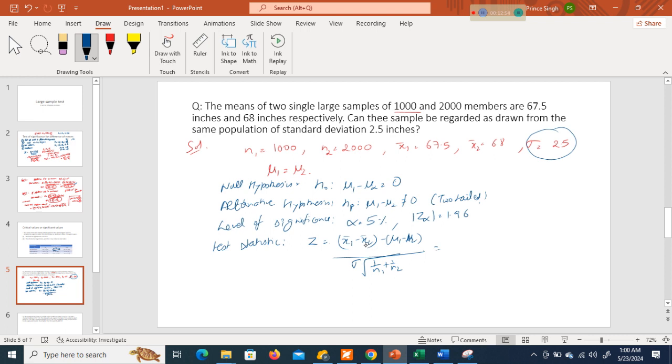Because we are assuming mu1 minus mu2 is 0, this term is 0, which we take directly from the given assumption.